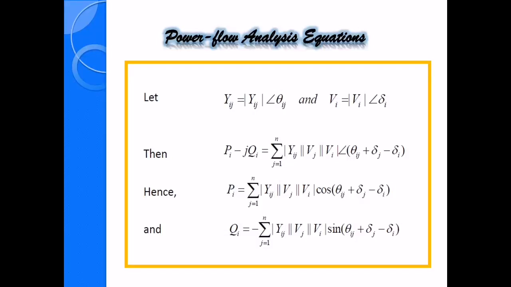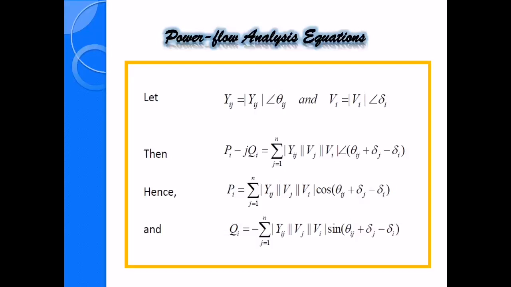Then I am taking jQi to the right hand side, so that Pi and Qi, the real and reactive powers, you separate out: the real component of Pi minus jQi, likewise the reactive component.